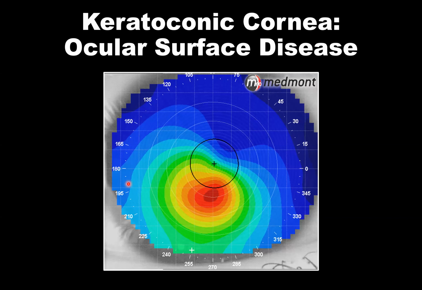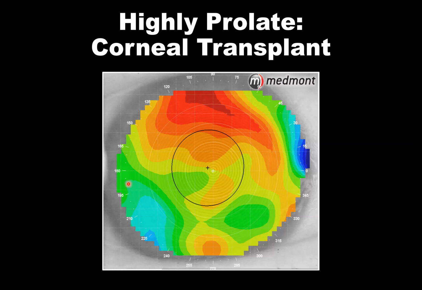When you have a keratoconic eye, where the height of the cornea goes up by at least 200 microns, maybe as much as 800 microns, there's a depth in the set that can fit that eye. And then lastly, when you have some of our most challenging, the transplant eyes with their incredibly high depth, their incredibly high asymmetry at times, there's a depth of lens in the set that's likely to fit that eye.